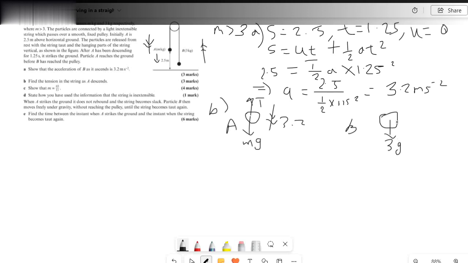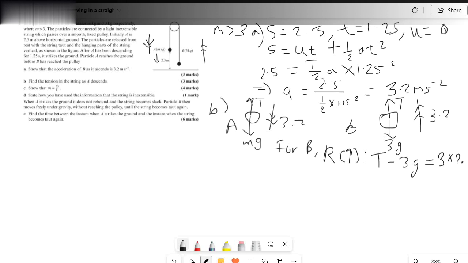So its weight must be 3g, and the tension will be upwards as T. Because the acceleration of B is upwards, since m is greater than 3, this is 3.2 upwards, and for B, resolving upwards, we can say that tension minus 3g is equal to mass into acceleration, which is 3 into 3.2.